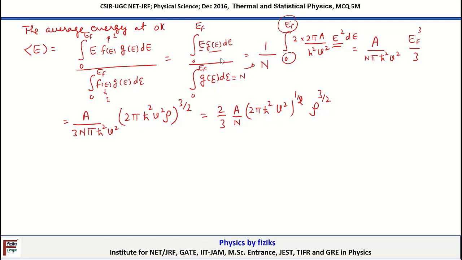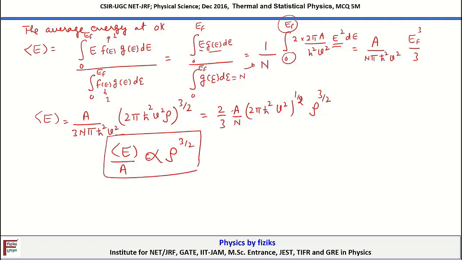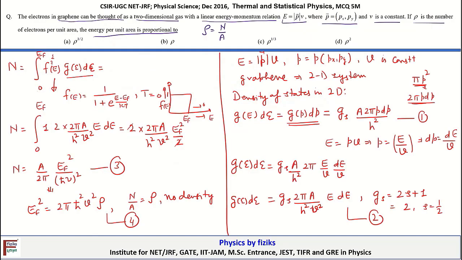But what is asked in the question is the average energy per unit area. If you bring this A on the left hand side, this turns out to be proportional to rho to the power 3 by 2. All the rest of the terms can be clubbed into the constant of proportionality. Therefore, the required option is the dependency rho to the power 3 by 2. So yes, A is the correct option here.